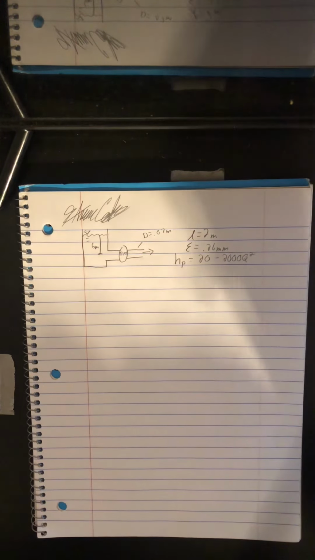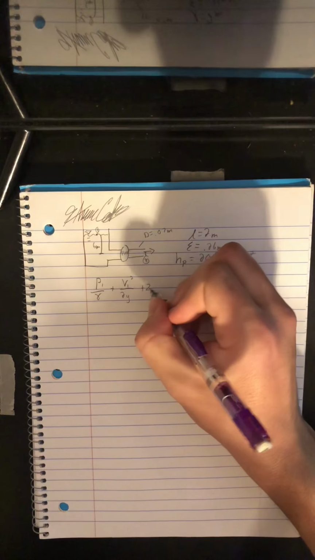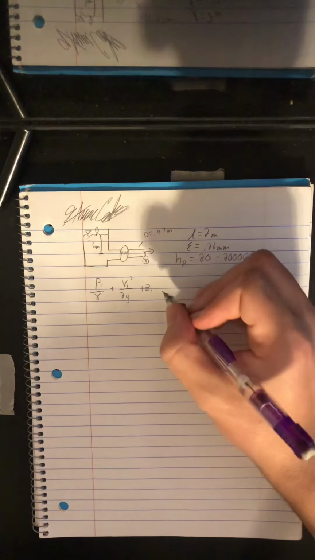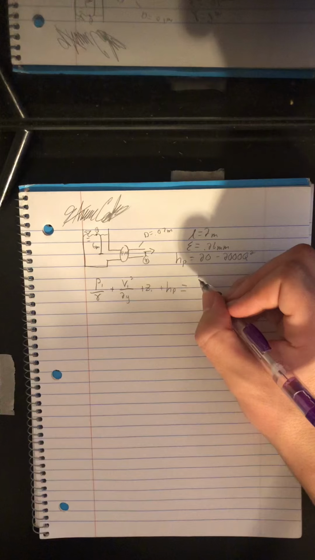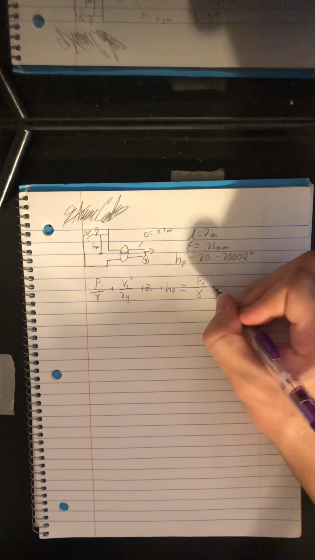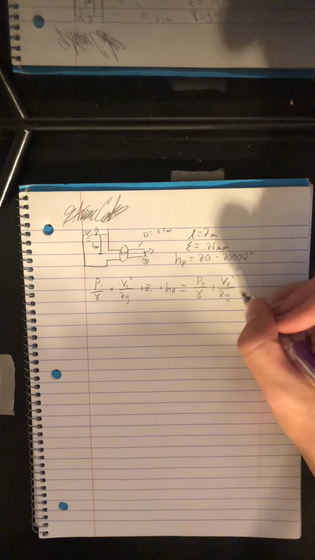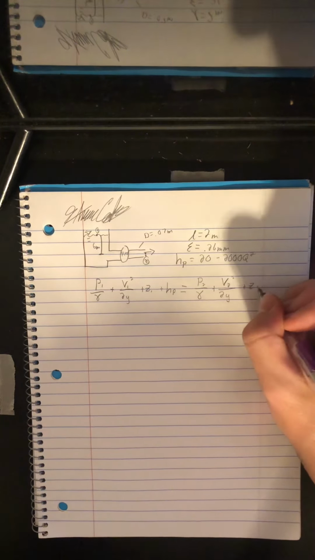So pressure at 1 over gamma plus velocity 1 squared over 2g plus z1 plus the head gain of the pump is equal to pressure at 2 over gamma plus v2 squared over 2g plus the height of point 2 plus the major head losses.